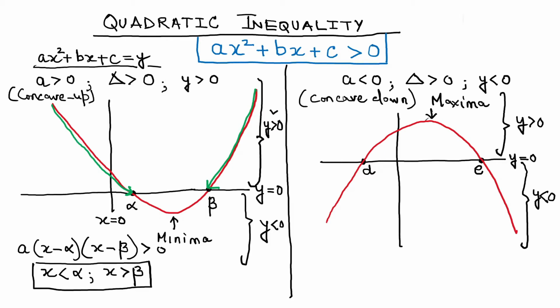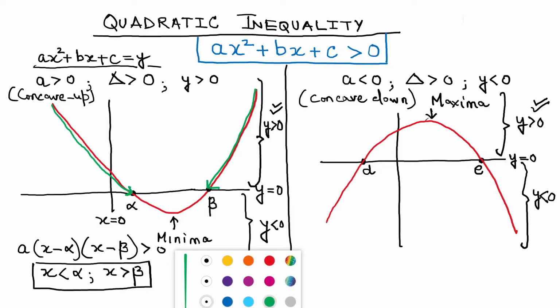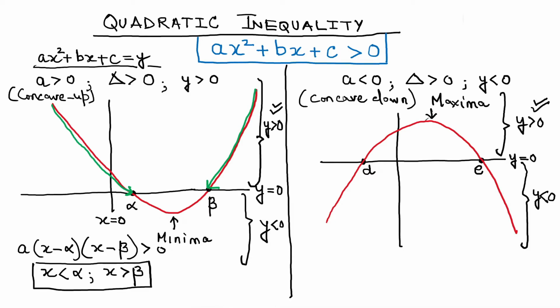So we were only concerned about this portion here, and same is the case here because we are discussing the quadratic inequality ax square plus bx plus c is greater than 0. Okay, let me again shade the graph or maybe draw a line which has to be considered.